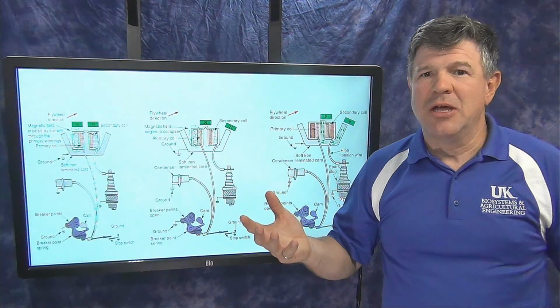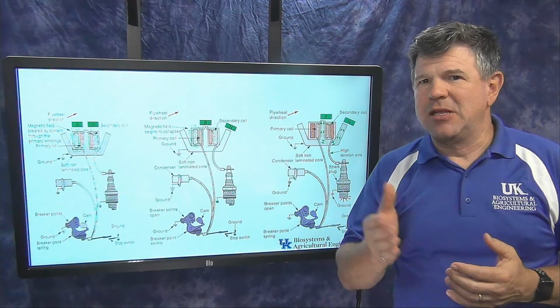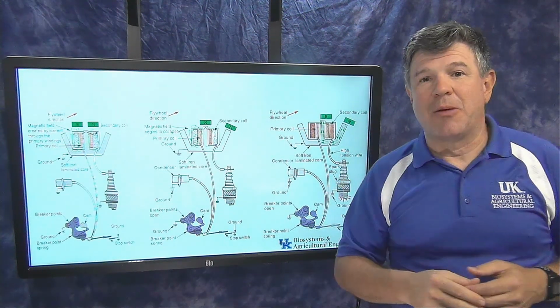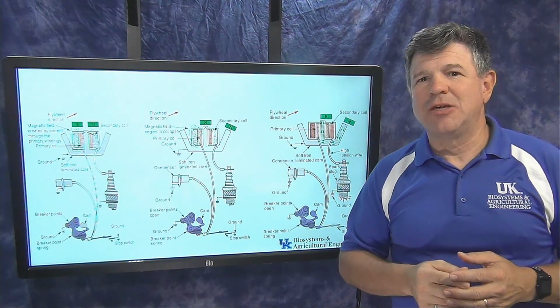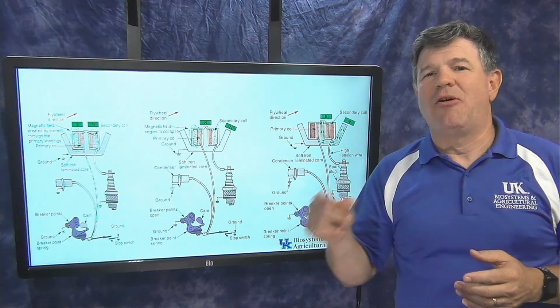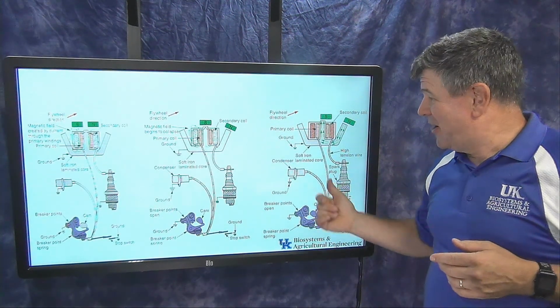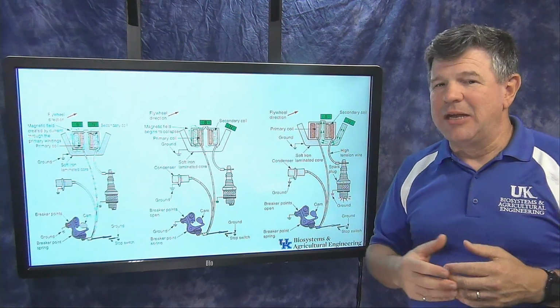So if I've got an engine that's running at 3,000 revolutions per minute, that means half of that, or 1,500 sparks per minute. That's how many sparks I've got to have. So whatever my crankshaft rotation speed is, half of that is how fast that thing has to spark. So that's 1,500 times a minute that all this happens. So it's happening really, really fast. So that gives you an idea to think about there.